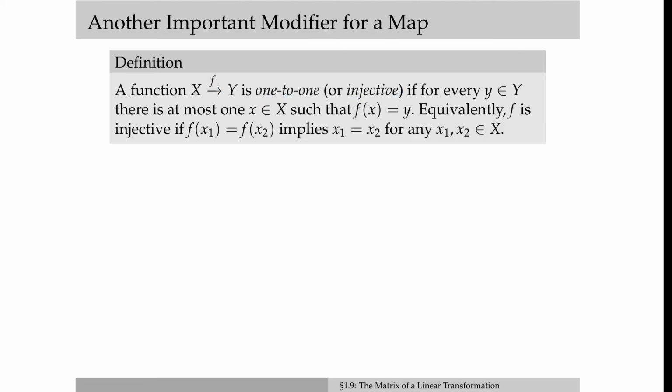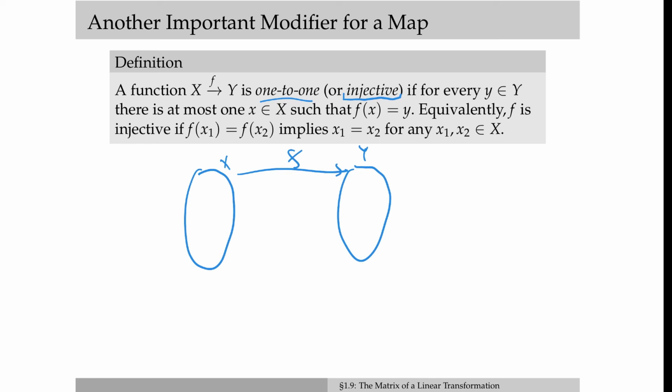Next up, a function f is 1 to 1, I'll use the terminology injective, if for every y in Y, there's at most one x that maps to it. All right, let's get out lima beans again. Here's X, here's Y, and here's big bad f.